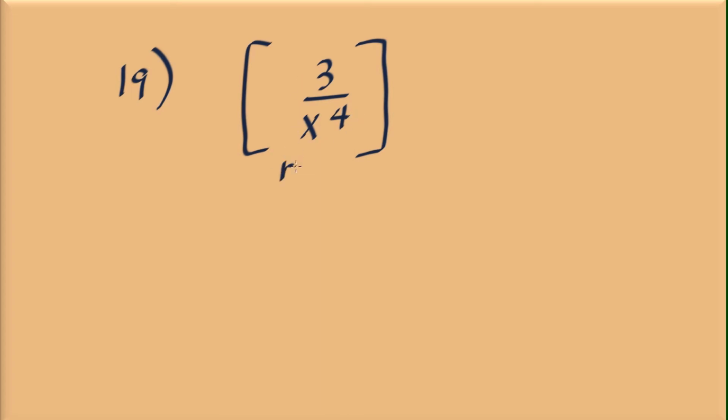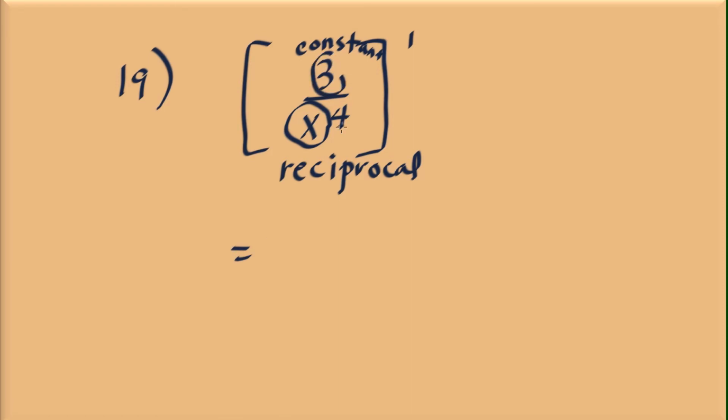This is a reciprocal, and the way we deal with the derivative of a reciprocal: if the numerator is constant and you have the variable x raised to some exponent as your denominator, so we have 3 over x to the fourth, the shortcut is you multiply this 3 and 4, that's 12, over that same x to the 4, but you add 1, so now it's a 5, and then always switch the sign. And that's it.